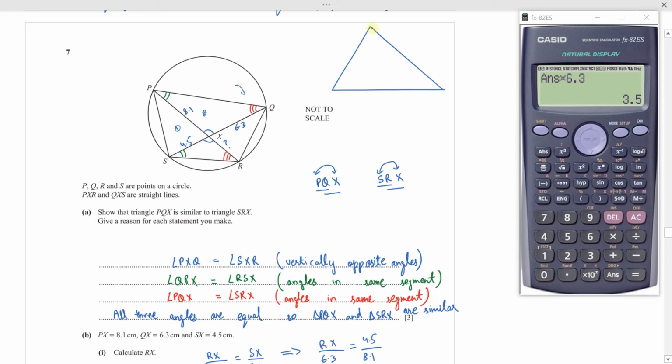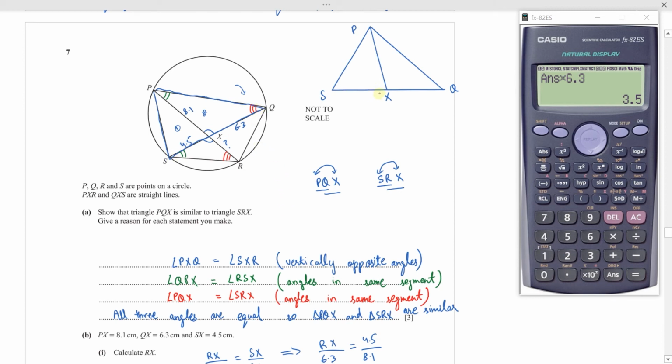And then you have a line in between that is going like this. So this is point P at the top, this is S, this is Q, this point is X. So I've drawn basically this triangle separately.